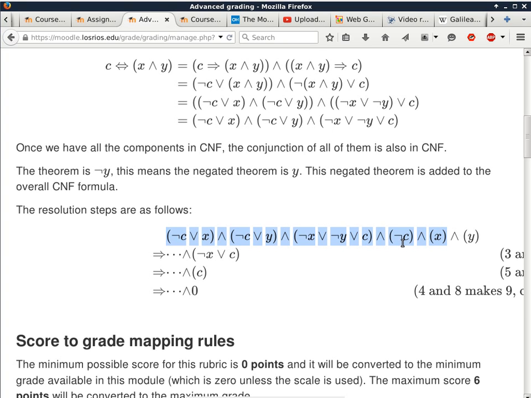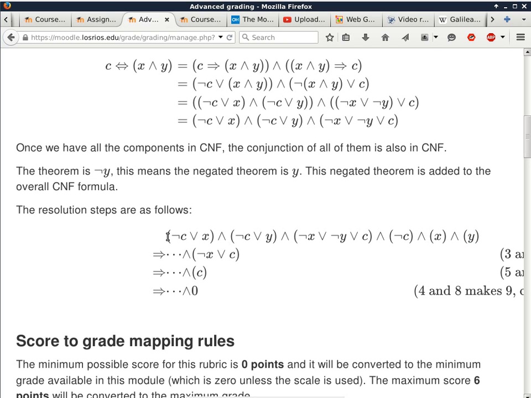But I also have to add one more thing to do a proof by contradiction. I have to negate the theorem that I want to prove. The theorem that I want to prove is the negation of y, but I cannot put the negation of y into the whole system. I have to put the negation of the negation of y. Double negation is canceling each other, so I basically put y all by itself into the equation. So that's why we have one term here.